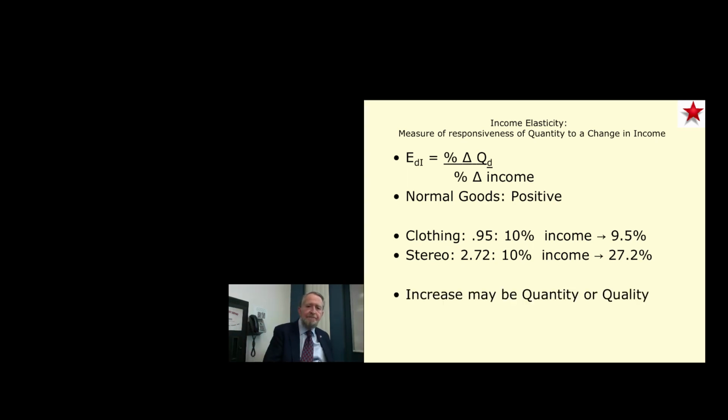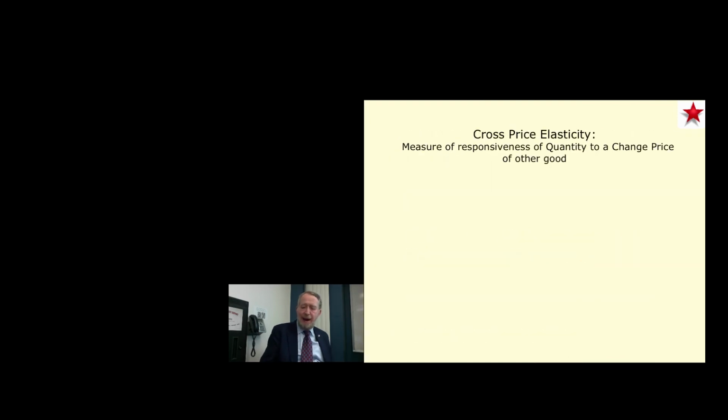Good. I'm also interested in how responsive is my demand to a change in my competitors' prices or in complementary prices. So that is called the cross-price elasticity of demand. I'm measuring the effect on the sales of good number X in response to a change in the price of some other good.